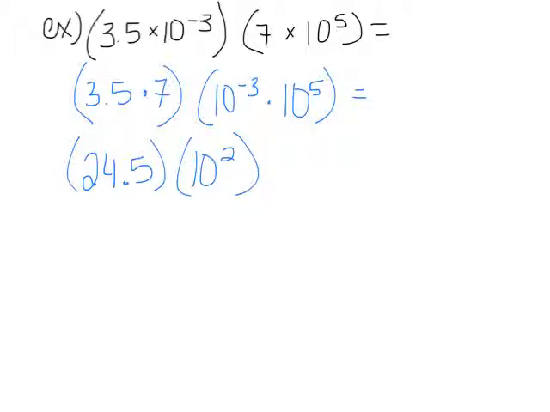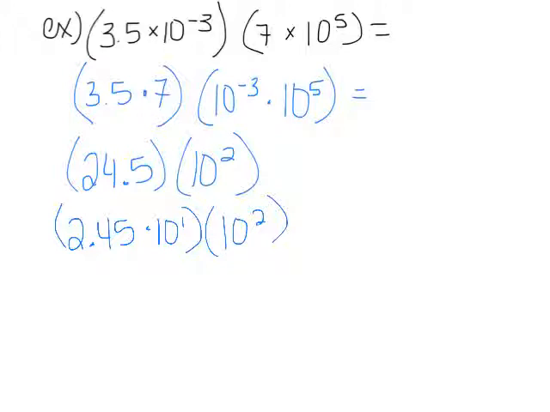And since this number, 24.5, is not in scientific notation, because remember that scientific notation has to have a number between 1 and 10, I need to rewrite 24.5 as 2.45 times 10 to the 1st power, because I moved my decimal place over 1 space, times 10 squared.